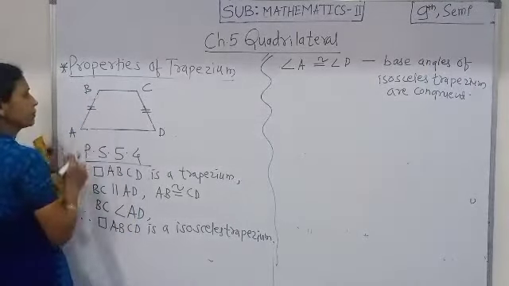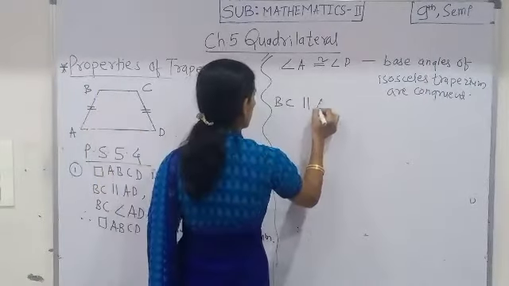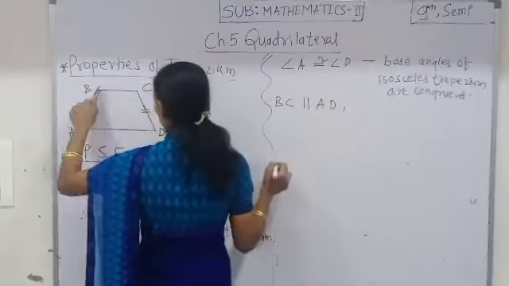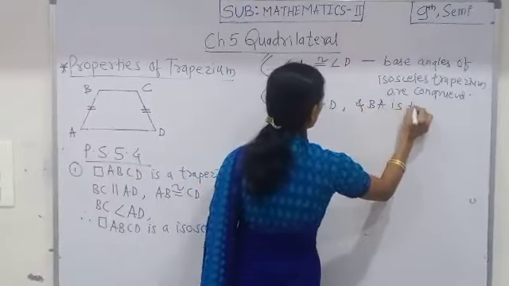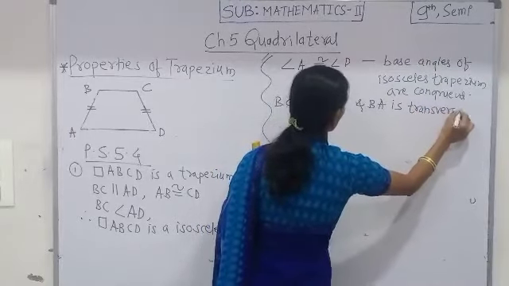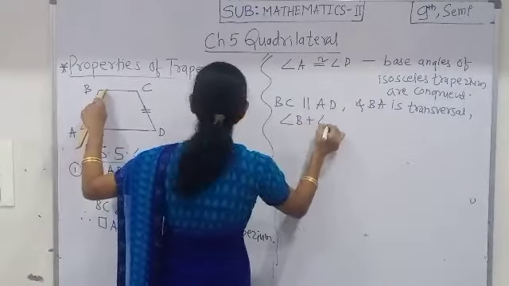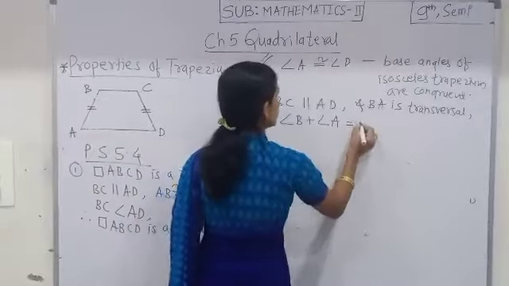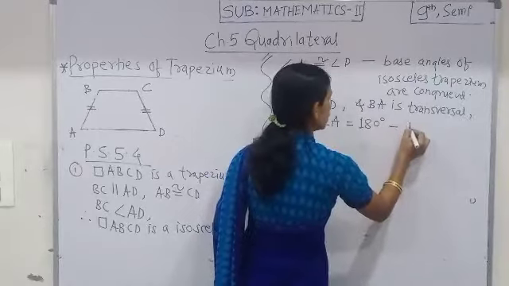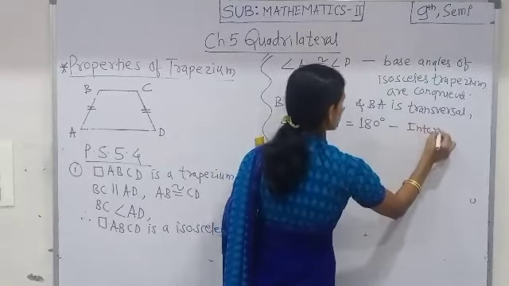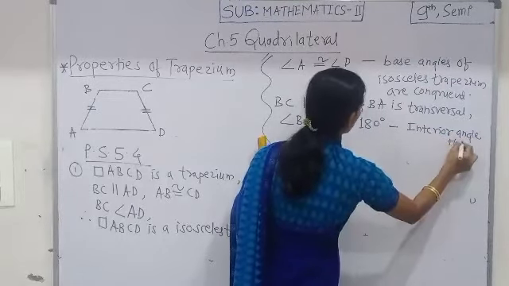See here, as BC is parallel to AD and BA is a transversal, therefore angle B plus angle A is equal to 180 degrees, that is the interior angle theorem.